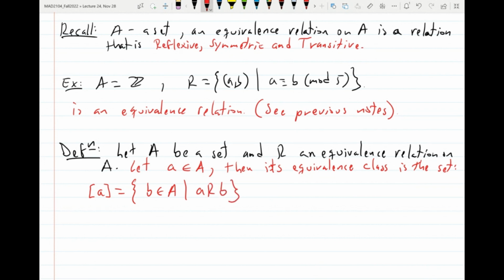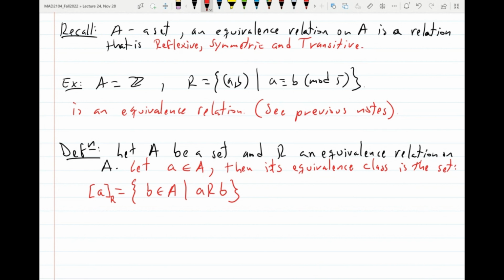Sometimes we have more than one relation going on a set, so typically we like to put as a subscript here the relation that we're talking about. I'm just putting R here to say that this is the equivalence class of a using the relation R. When it's understood what relation we're talking about, I'm not going to be writing this every single time, but to avoid confusion, sometimes we like to put the letters that we're using for the relation.